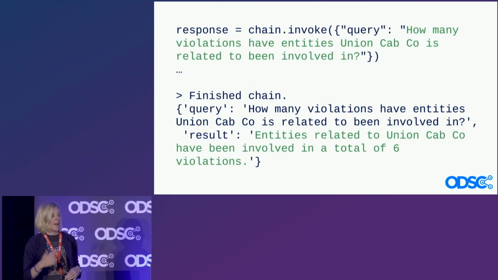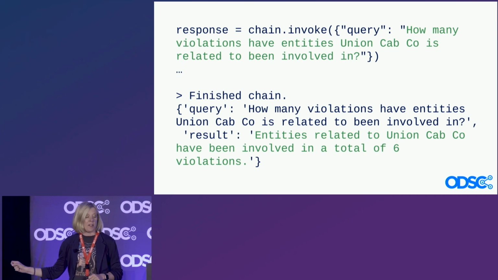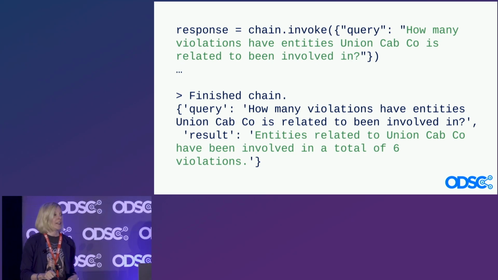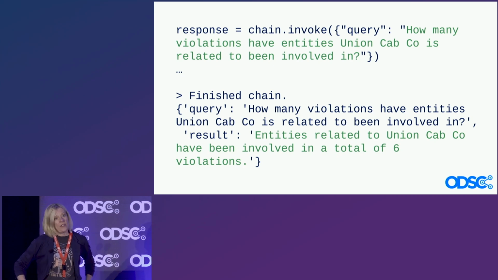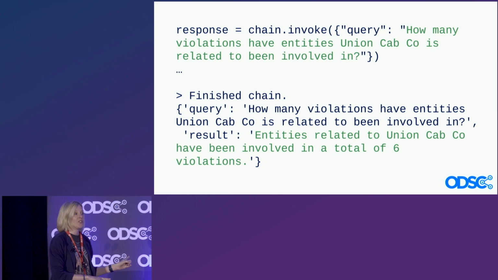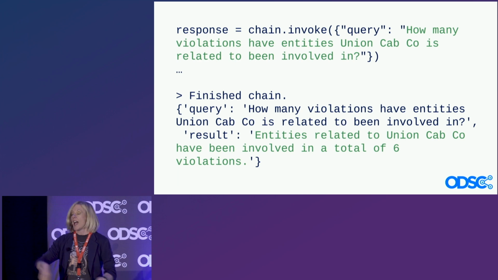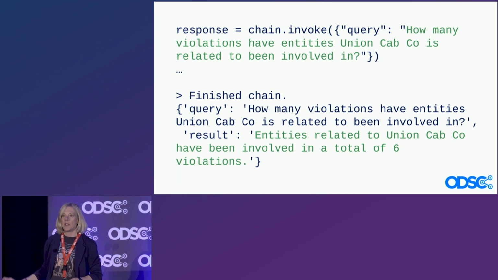Next, how many violations have entities Union Cab Companies related to been involved in? And now it says 6. Well, that's a very different answer than what we had before, where it said there were no violations. Okay, so we got completely the wrong answer when going strictly with an unresolved SQL database, and we got the correct answer when going with the entity resolved knowledge graph.